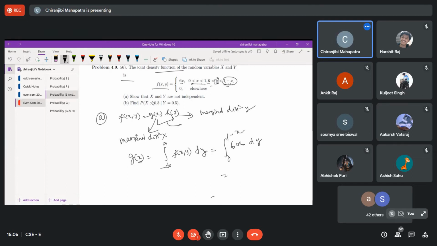So with y ranging from 0 to 1 minus x, this is 6x into 1 minus x, that is 6x minus 6x square. I can write it in this way also, no issue. Now it is correct, I think.